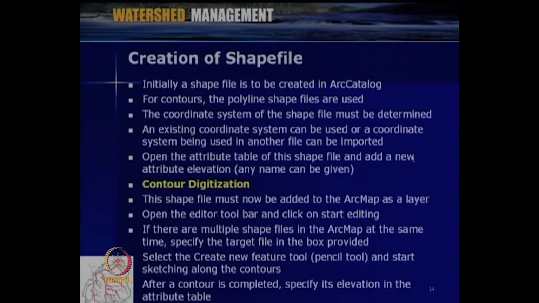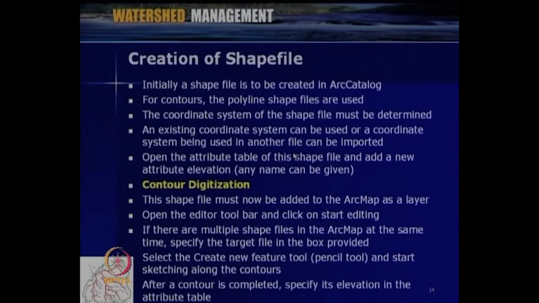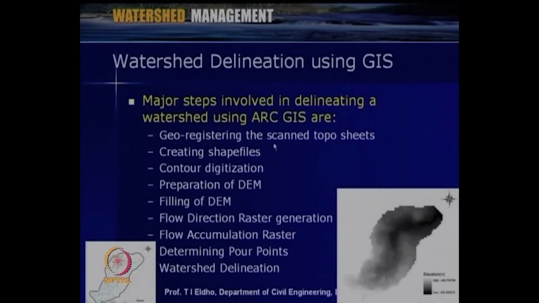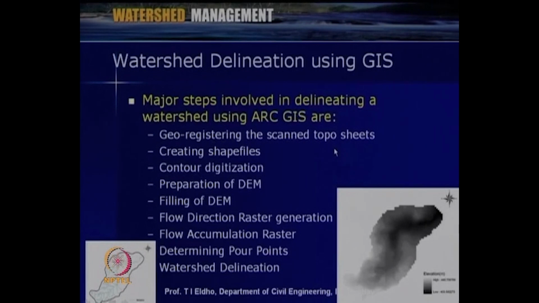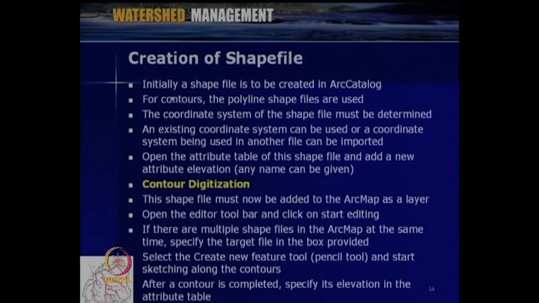Now let us have a look into the step by step procedure discussed in the last slide. Once the geo-registering of the scanned topo sheet is done, the next step is creation of the shapefile. Initially a shapefile is to be created in ArcCatalog in the ArcGIS environment.